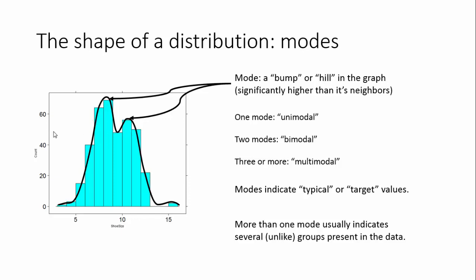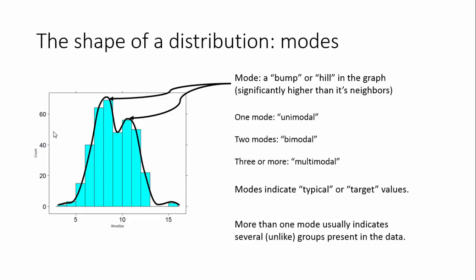The women generally have shoe sizes around 8 or 9, and men generally have shoe sizes in the 10s, even after we adjust for the fact that shoe sizes are measured differently for men and women.